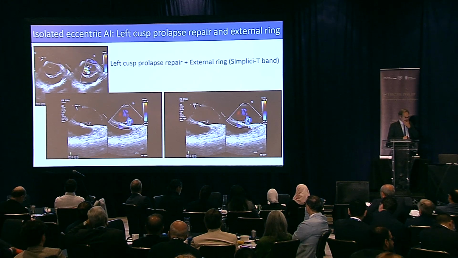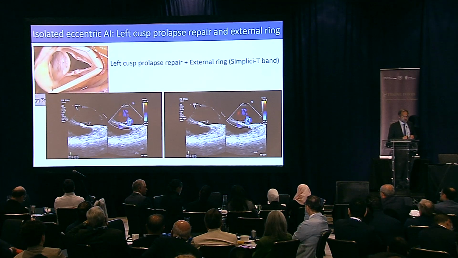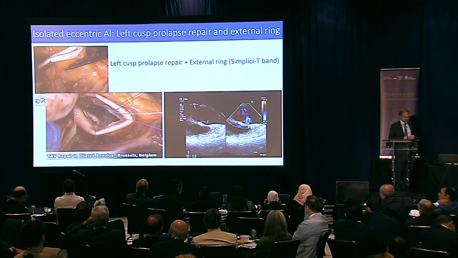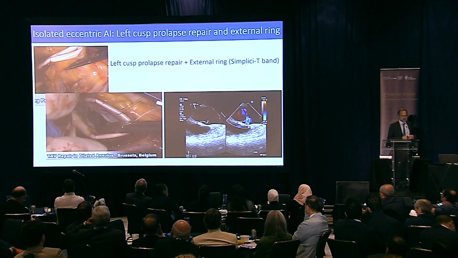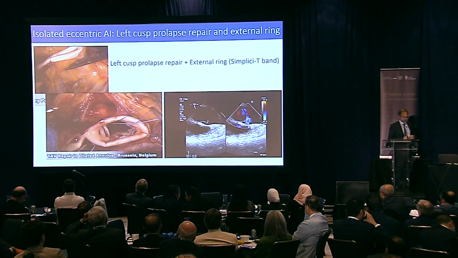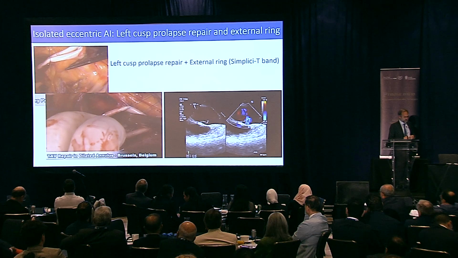This is another example in a patient with a normal root and a left cusp prolapse. And you see how this is prolapsing. We start with an annuloplasty, an external ring. We perform that relatively rarely in patients with really normal aortic root size.